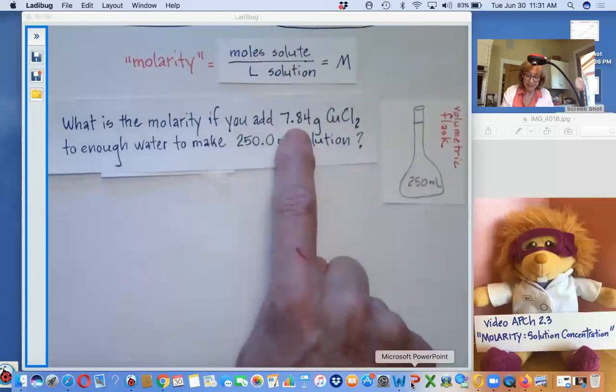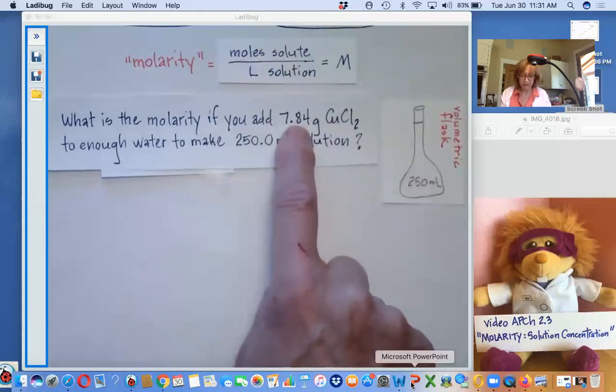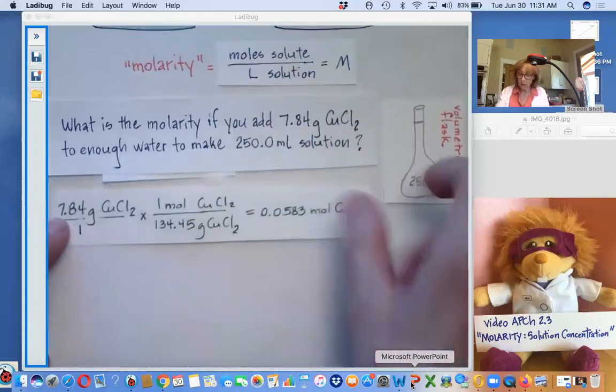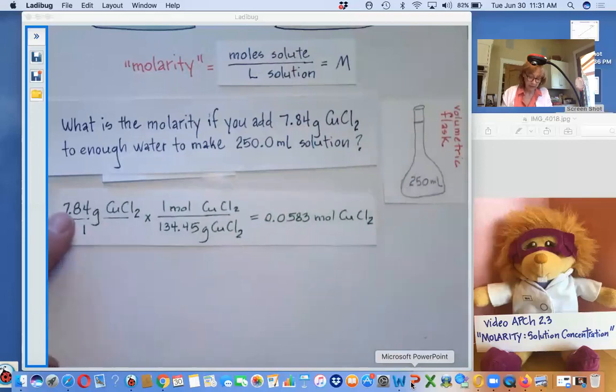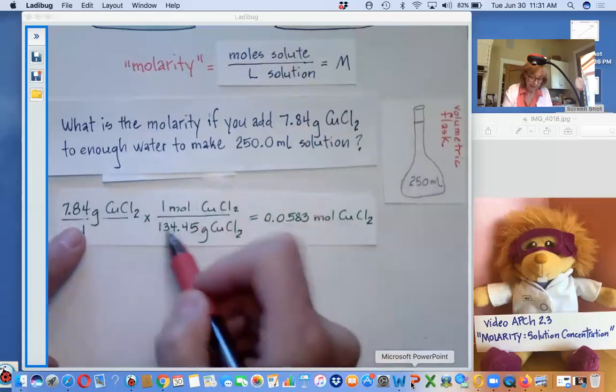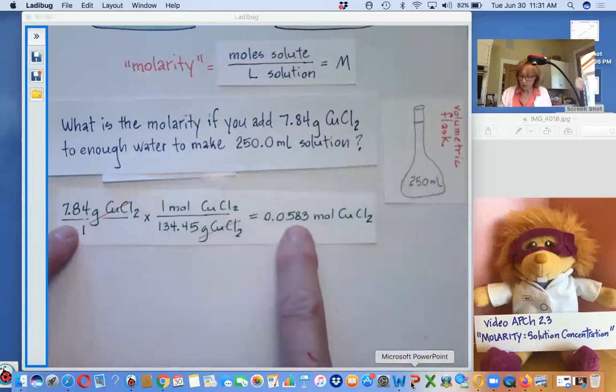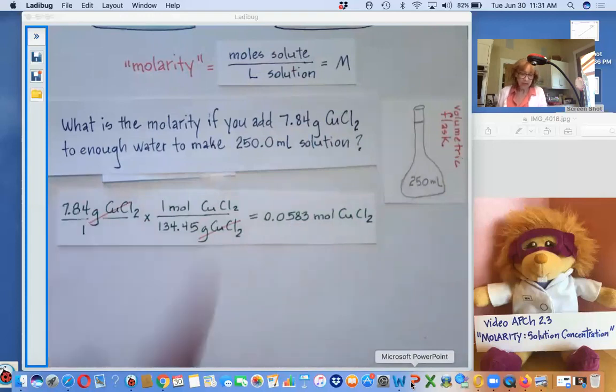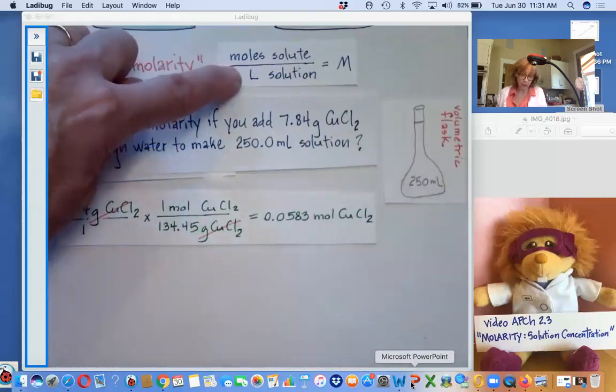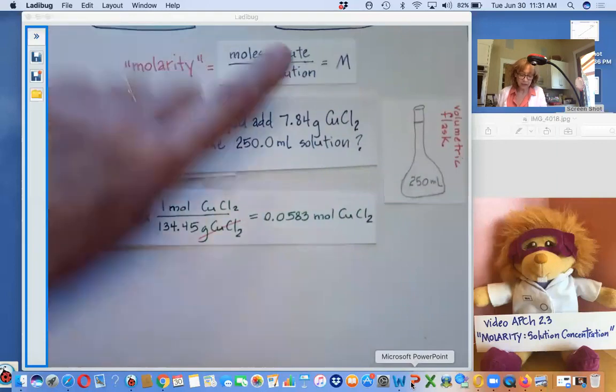Well, my problem didn't tell me moles of copper chloride, but it did tell me grams. And I know that using the periodic table and molar mass, I can convert grams of copper chloride into moles. Okay, secondly, in the denominator of my division problem, I'm going to need to know the liters of solution.